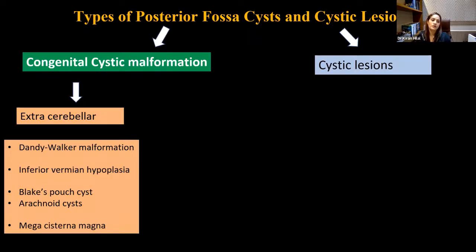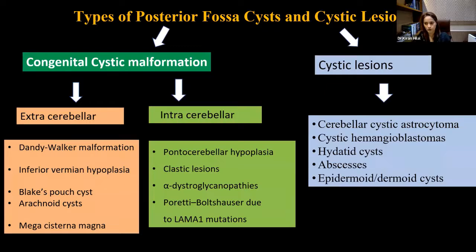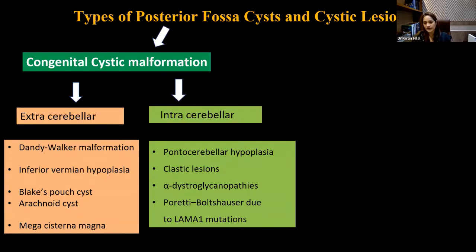So when we talk about the congenital cystic malformations, which are present in the brain by birth, they can be extracellular or intracellular. And if I'm talking not about the malformations but the cystic lesions, as I said, they can be neoplastic, inflammatory, or infectious, including hydatid cyst, epidermoid, etc. We are not going to touch the acquired cystic lesions, because I'm pretty sure this topic will be covered in your other lectures.